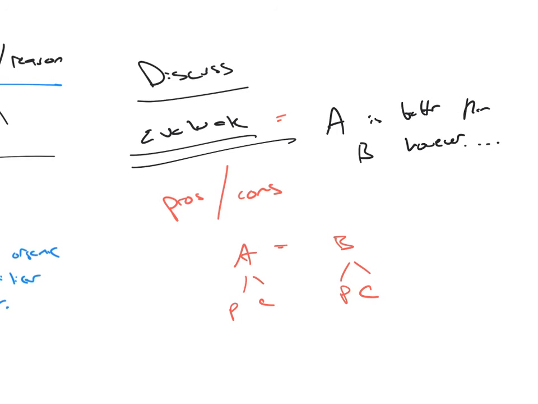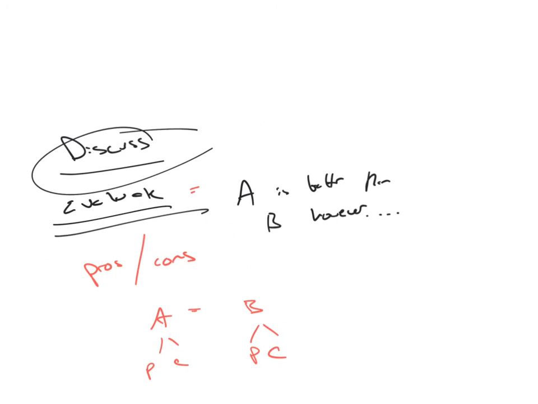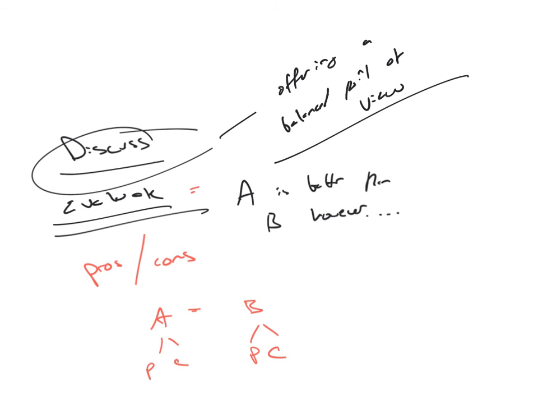Now, discuss. The big difference between discuss and evaluation is that you have to offer a balanced point of view. So look, you have your point of view. This is where that P-E-E comes into play.